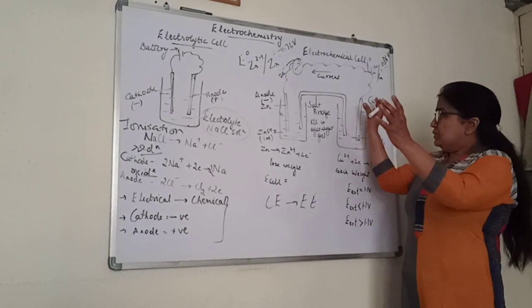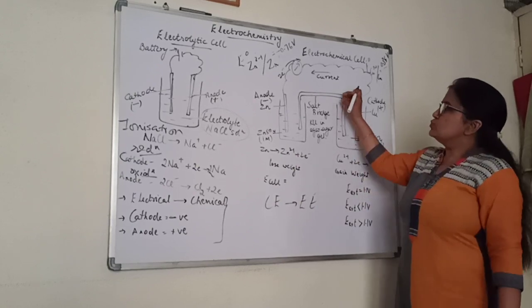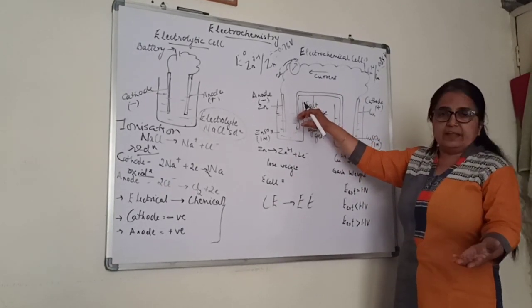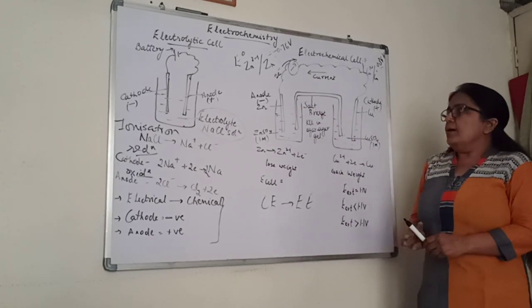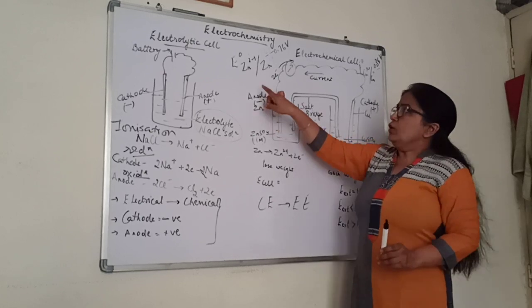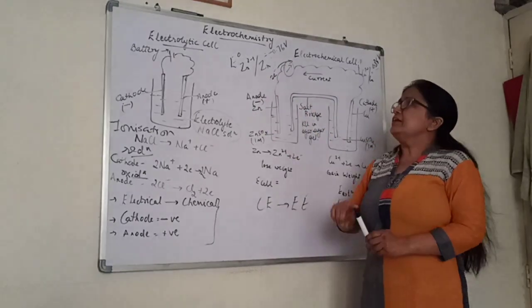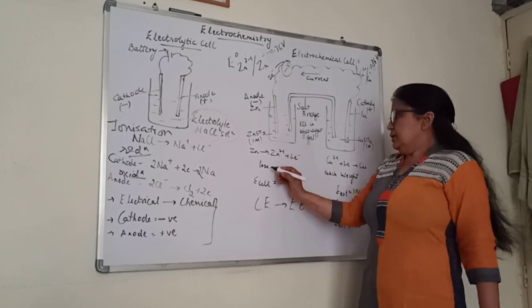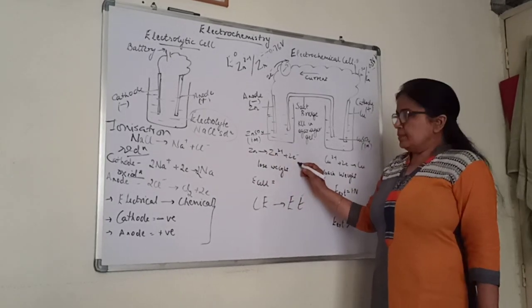Now, between the two containers, there is one salt bridge. The purpose we will discuss when we are understanding the working. Now, what happens first? This zinc, which has the more negative E0 value as we discussed, will undergo oxidation. So, this will lose electrons.